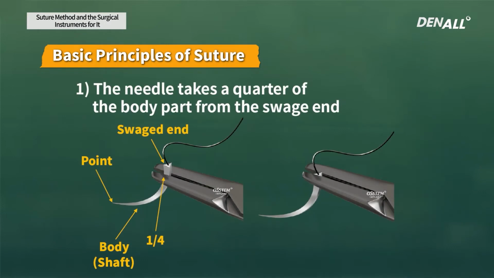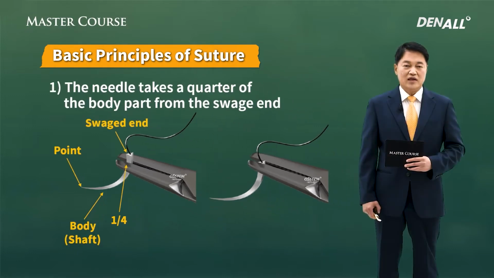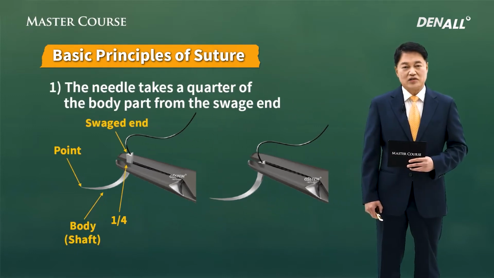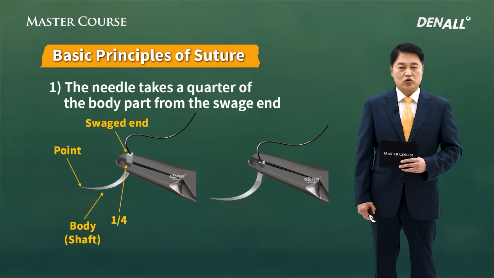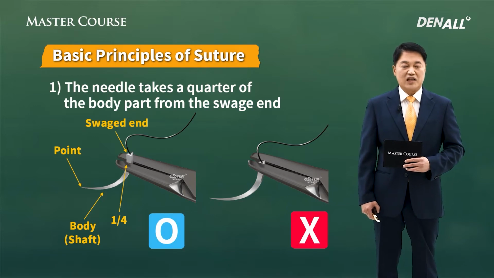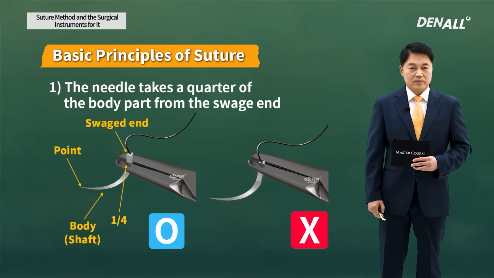Then, what are the basic principles of suture? First, the part where the needle connects to the silk is called the swage end, and that is the weakest part. So when you grab with the needle holder, you should not grab the swage end, but about 1/4 of the body from the swage end. If you keep grabbing the swage end, then in the weakest part, the silk might be cut.